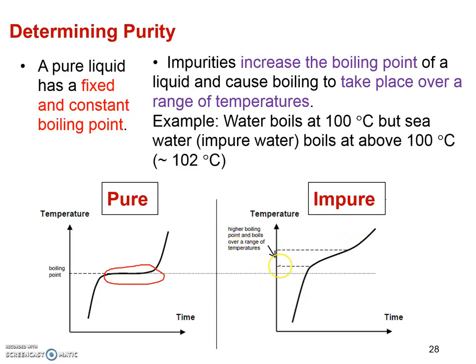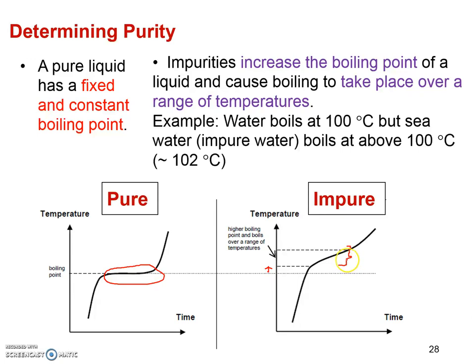But if it is impure water, for example, salt water, in this case, the boiling point of water will be raised. So it will be slightly higher here, maybe at 102 degrees, and it will continue to boil as the temperature increases to maybe about 105, 107. The temperature is not fixed before all the water becomes water vapor.